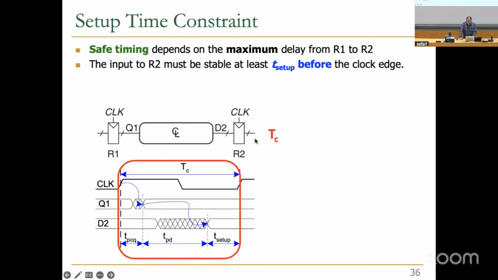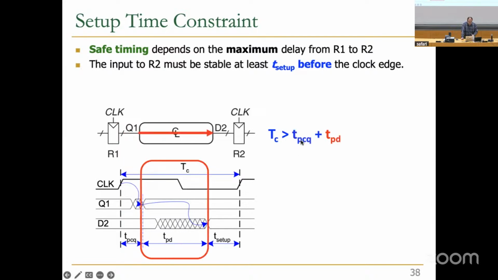So let's make some calculation. This is for setup time constraints. So essentially your clock cycle time should be greater than... So you need to make some calculation about the length of this clock cycle. You have this propagation delay from clock to Q, so that's why we have this T-PCQ here.